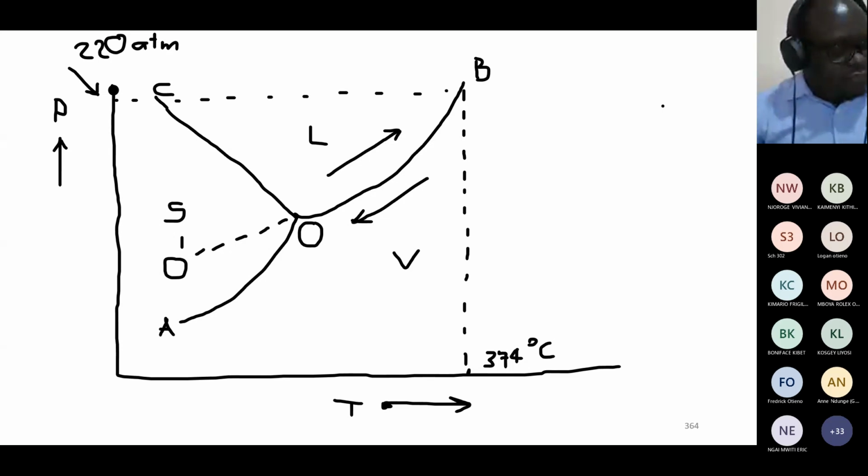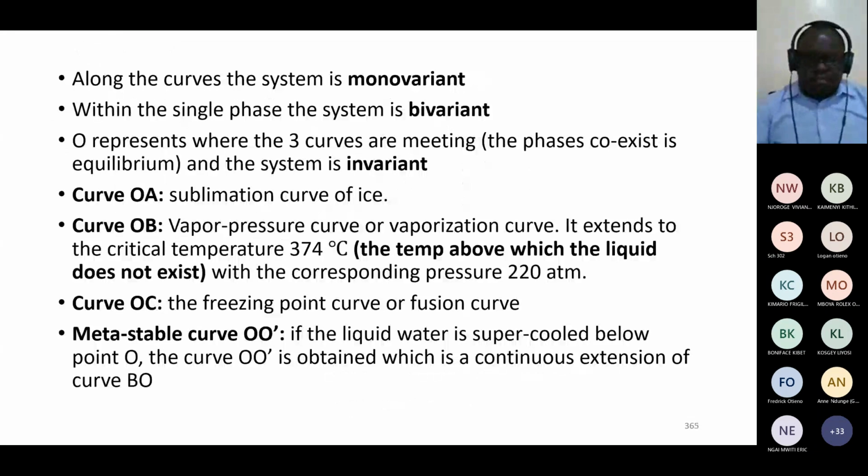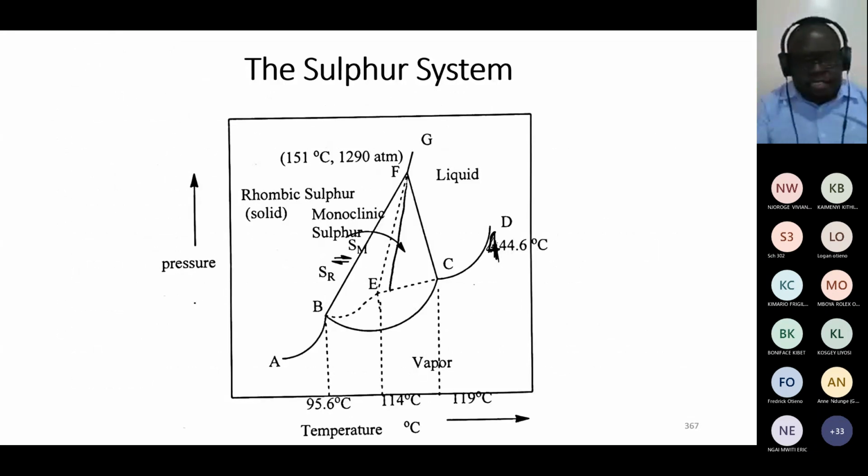We also have another example of a one component system, which is the sulfur system. Sulfur is interesting in that it has two crystalline forms: rhombic sulfur and monoclinic sulfur.